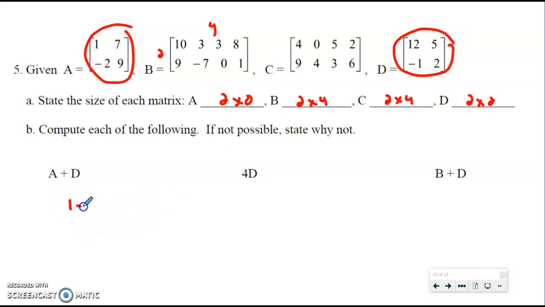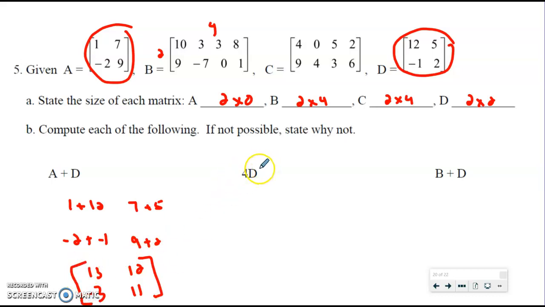So if I look at A and D, I am combining this matrix and this matrix together. So I'm taking 1 plus 12. I'm taking 7 plus 5. I'm taking -2 plus -1. And I'm taking 9 and 2, adding them together. So it looks like I get 13, 12, -3, and 11. Okay.